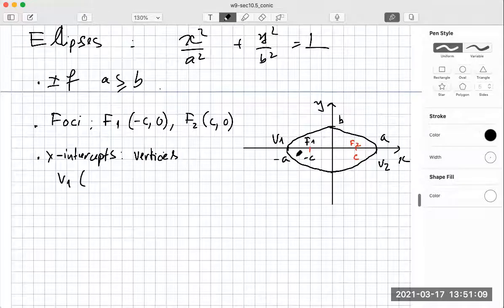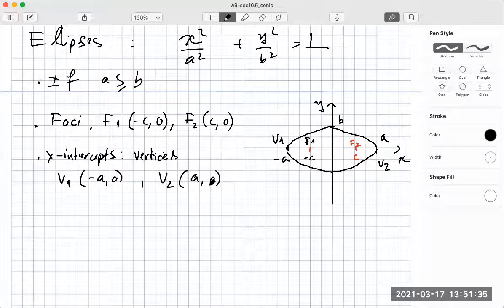V1 will be, it is this point, right? Minus a, 0. Thank you. Very good. How about V2? Thank you, Mia. a, 0, right?